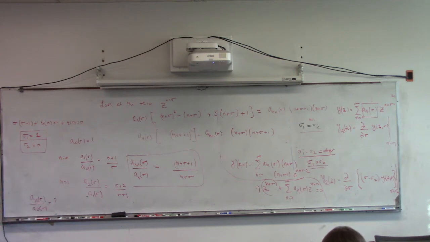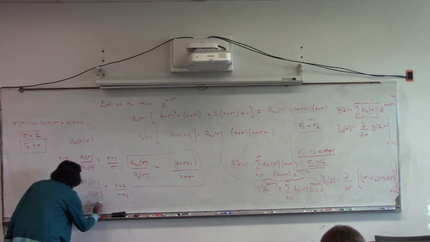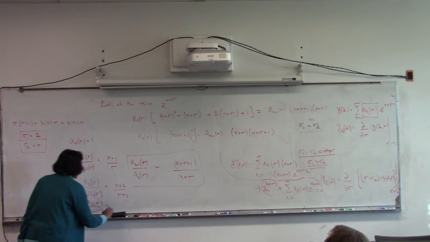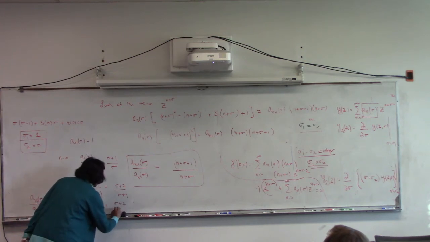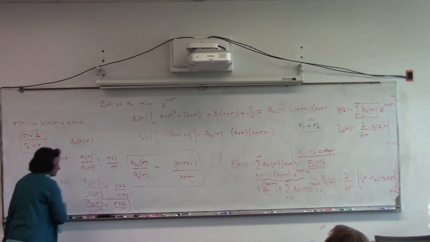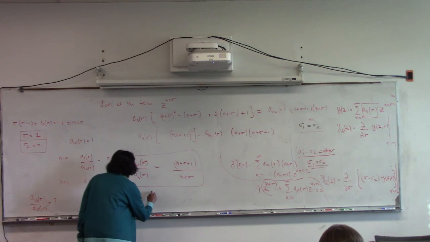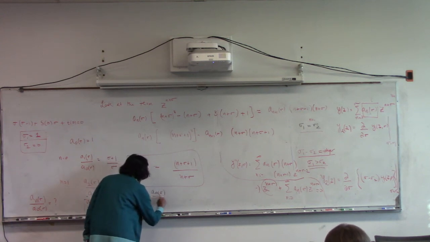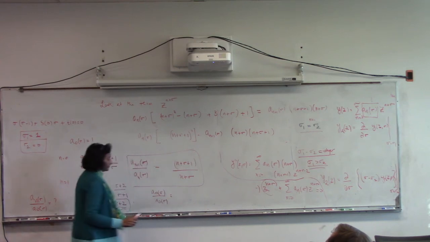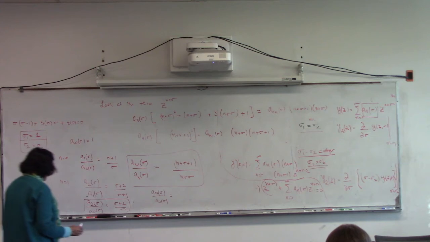So a_0(sigma) is 1. a_2(sigma) over a_0(sigma) is sigma plus 2 over sigma, right? So what is a_n(sigma) over a_0(sigma)? Sigma plus n over sigma.